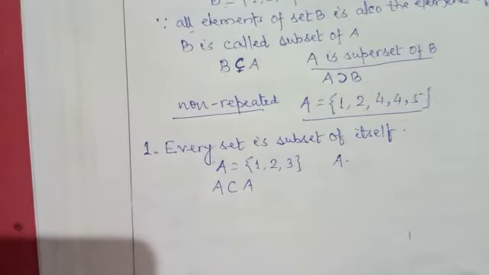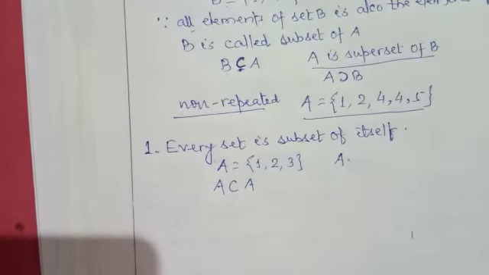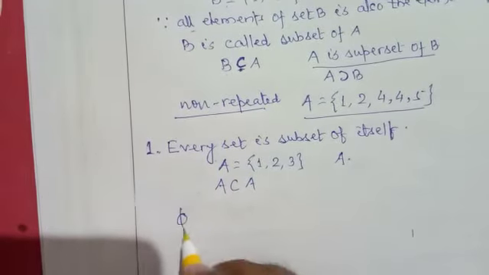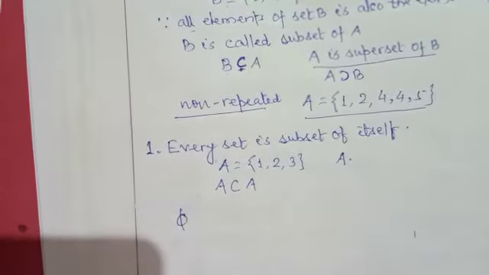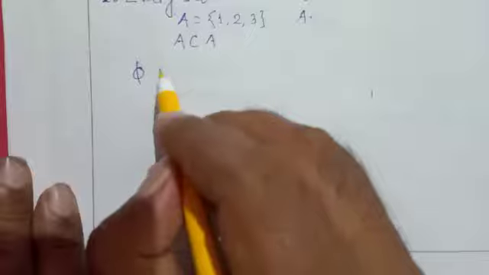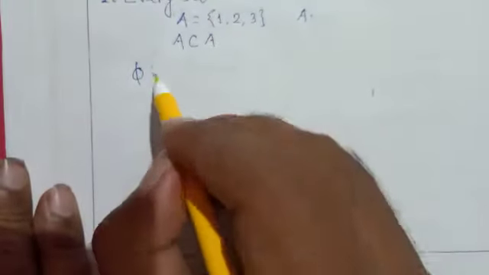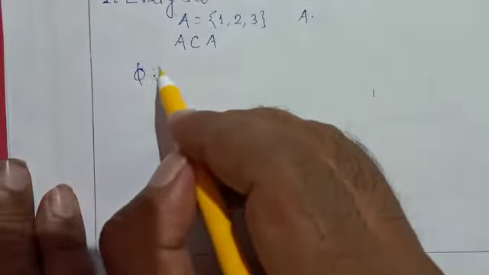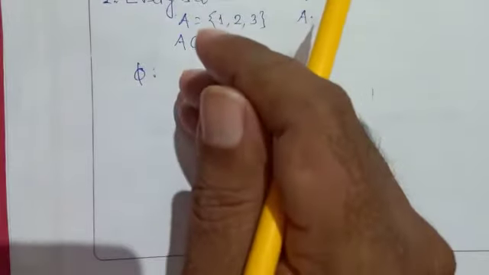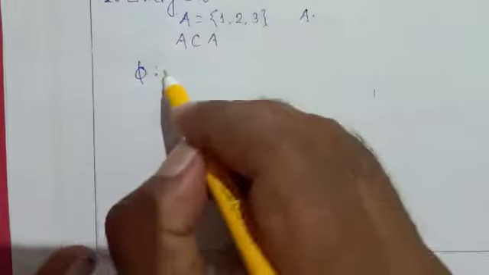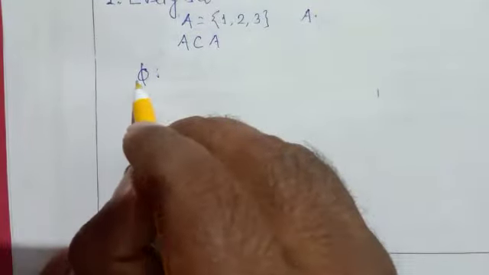Similarly, consider the set phi. Phi is the set having no element, as you already know.